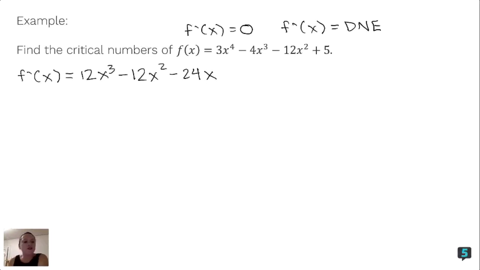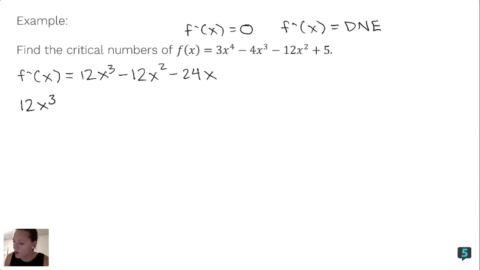Keep in mind that this derivative we just found is a polynomial. So polynomials are continuous functions, and we're going to find that this derivative always exists. So in this particular case, f prime of x doesn't ever not exist. But what we do have to figure out is when that derivative equals 0.